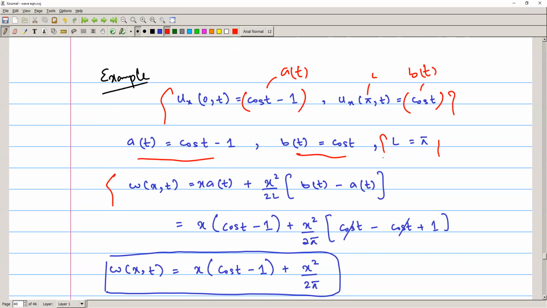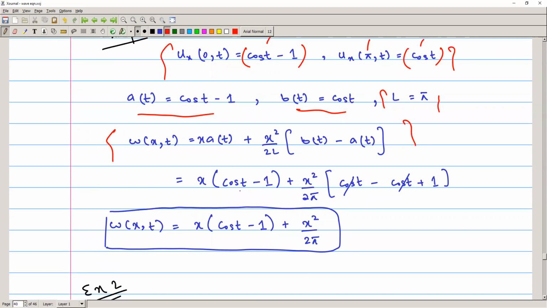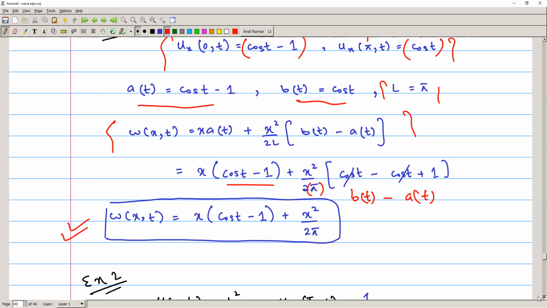Then we have the formula w(x, t) is equal to x times a(t) plus x squared over 2L times b(t) minus a(t). Here we plug in the values: x times a(t), that is cosine t minus 1, plus x squared over 2 times pi, times cosine t minus cosine t plus 1, because this is b(t) minus a(t). So here we got the solution for w(x, t).